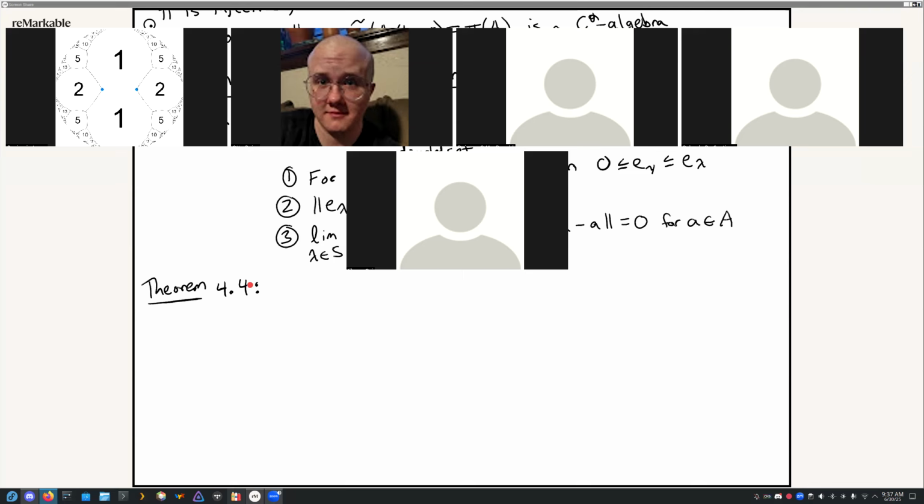So let me write this out. Say A is a C-star algebra, and this closed two-sided ideal J sits inside A.